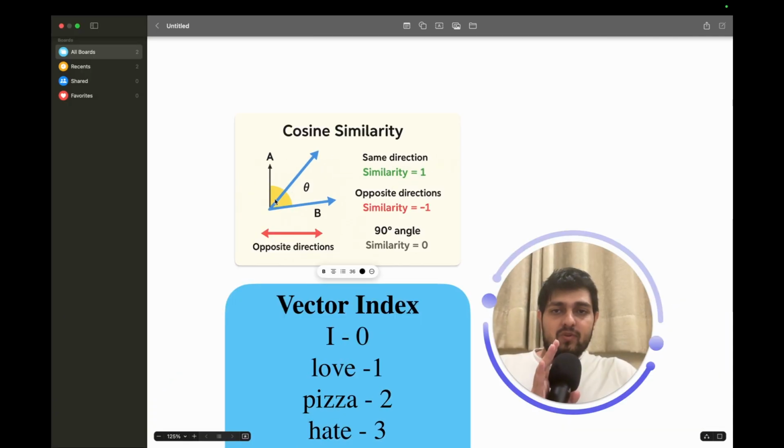If the angle is 180, the arrow is opposite to the first arrow, so they are not similar, they are actually opposite. And a 90-degree angle means there is nothing similar between these two sentences or vectors. So this is what cosine similarity does, based on the angle between two vectors. Multiple dimensions, sorry, it's not bound to 2 dimensions.